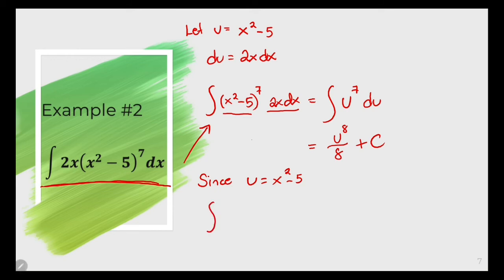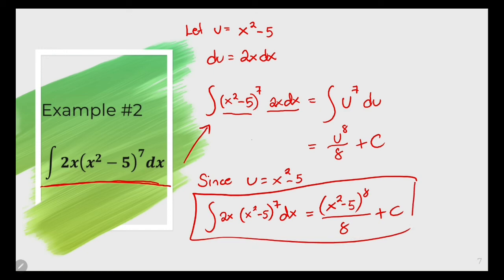So the integral of 2x times x squared minus 5 to the power of 7 dx, which is our original expression, is equivalent to x squared minus 5 to the power of 8 over 8 plus c. And this is now our final answer.